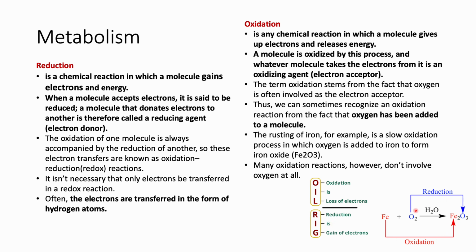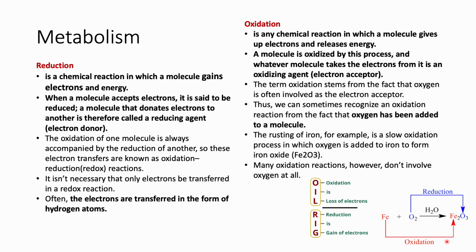An example of an oxidation reaction is the rusting of iron. This is a slow oxidation process in which iron, oxygen, and water give you rust, iron oxide. So iron here is oxidized and oxygen is reduced.